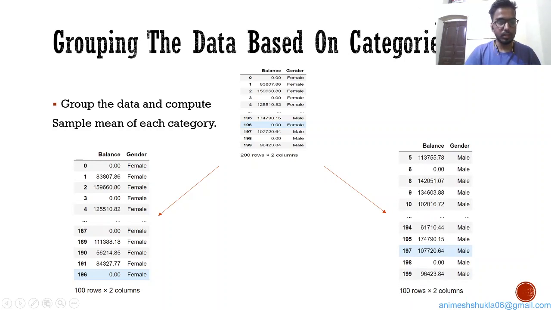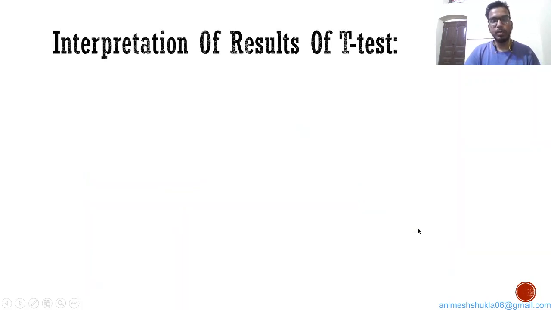With this, we can compute the sample average. We can compute the average of male customers and the average of female customers, and it will help us get an inference about whether the average bank balance of males and the average bank balance of females for the population data is significant or not.